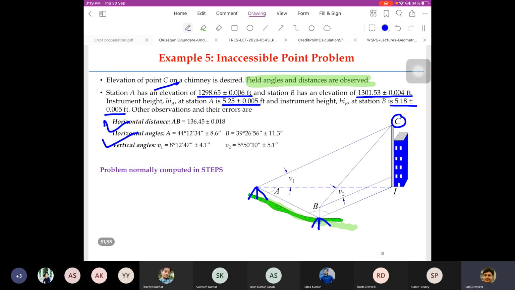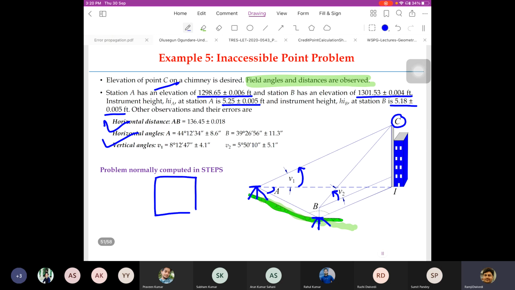So the moment you establish your station here, maybe any digital theodolite or total station, whatever you wish to work with, in that kind of instrument you need to measure those angles. So these are the vertical angles and these are the horizontal angles.